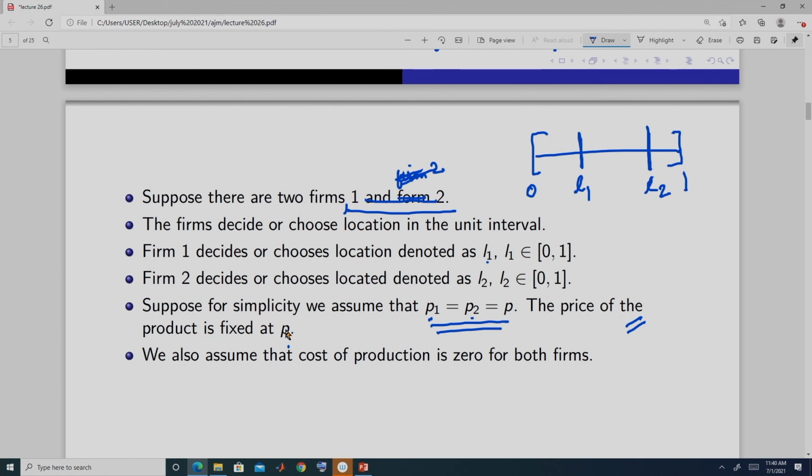Since this course is not that advanced, we will not take that second stage of the game in this model. We will consider only the location. The price we will assume is fixed and the same for each firm. Further, to simplify things, we assume that the cost of production is 0 for both the firms.